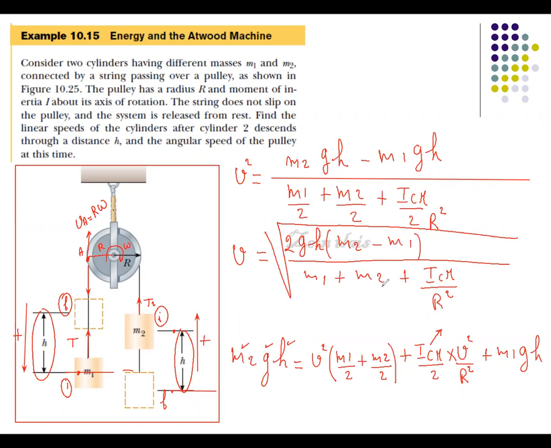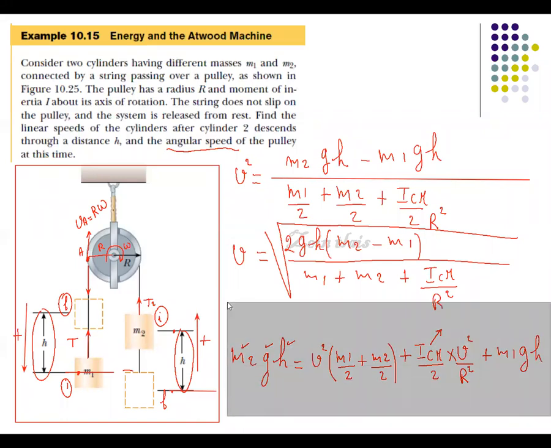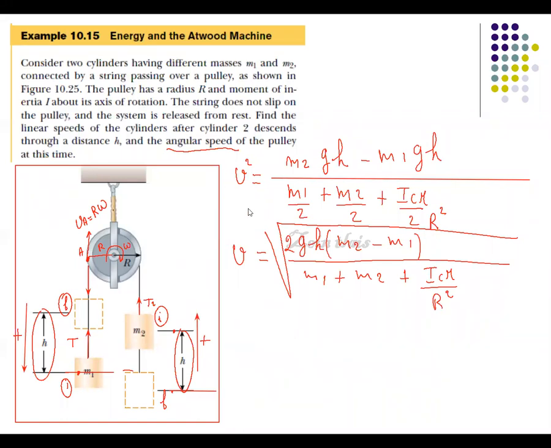Okay, now, for example, I can add, I need to calculate the angular speed of the pulley. So we can write easily the relation between V and omega of the pulley.